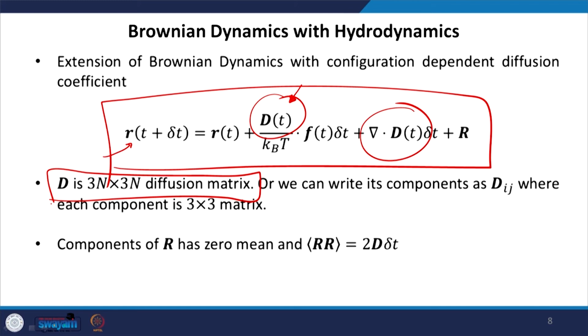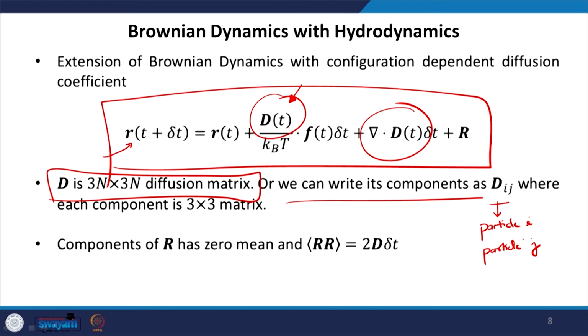We can write the components of this matrix as something like Dij, which will refer to basically particle i and particle j in the system. And now, since both particle i and particle j have 3 coordinates in the x, y and z directions, this matrix for every pair of particles will have 3 times 3 components, 9 components.